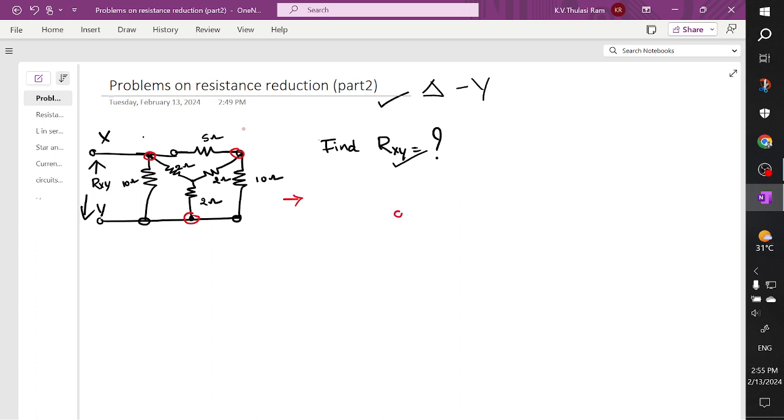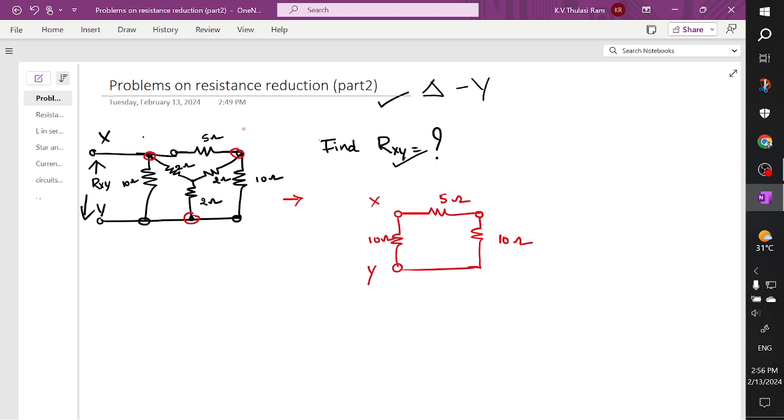Here I have an X node with the original branches, 5 ohms, and I have the next original branch here as the Y node, and this is connected like this, which constitutes again 10 ohm, 10 ohm, 5 ohm, 10 ohm.